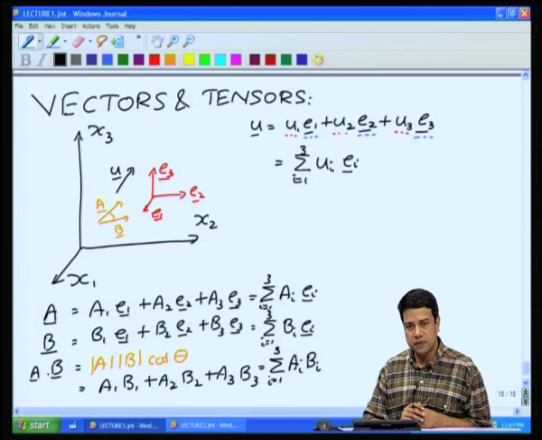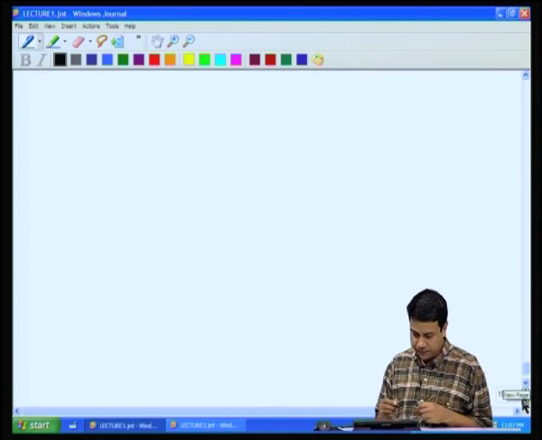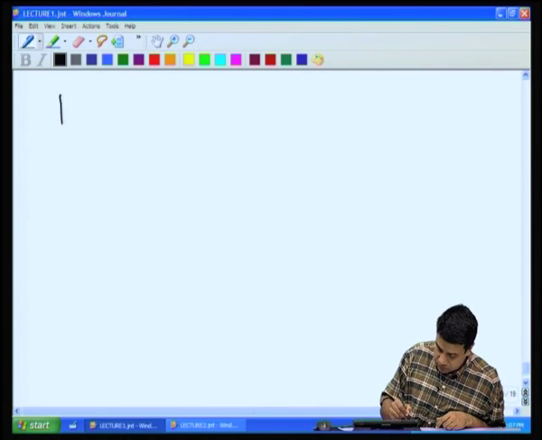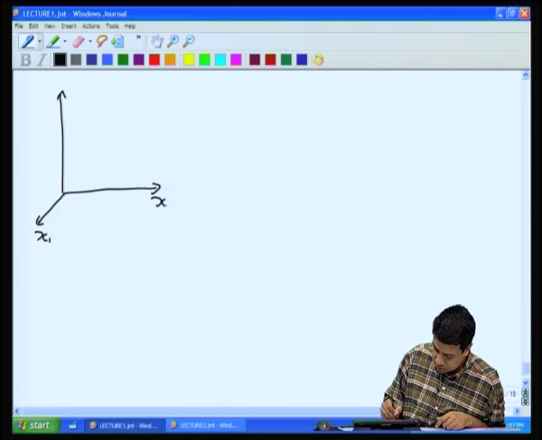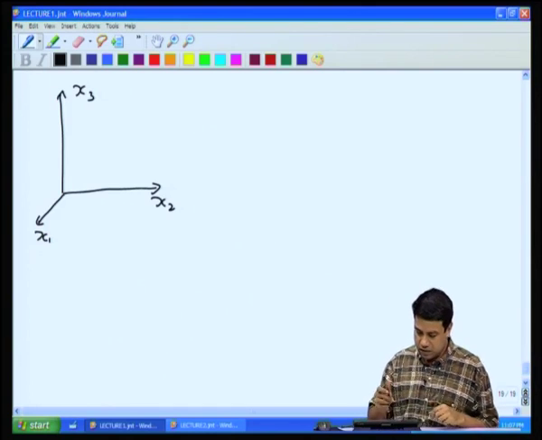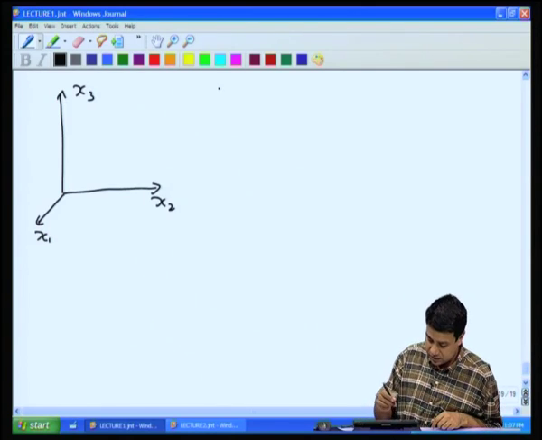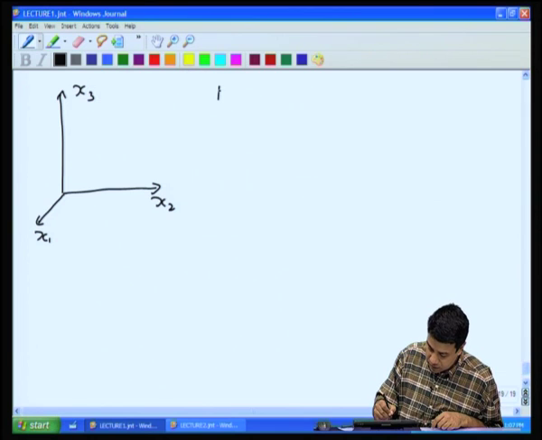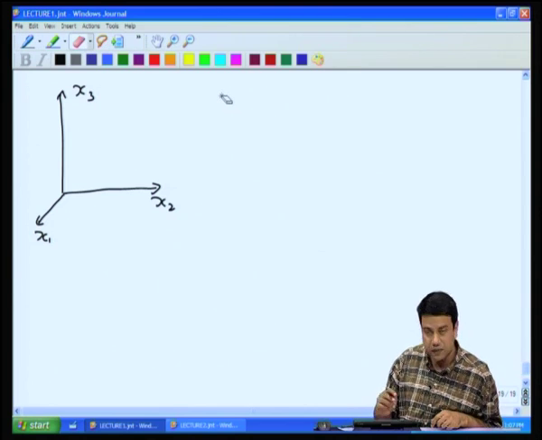In the last lecture we had also looked at tensors. One tensor that we had looked at, for example, was the stress tensor. So, let us look at that. The stress tensor is defined as, I will use capital T here instead of tau, not to be confused with temperature.